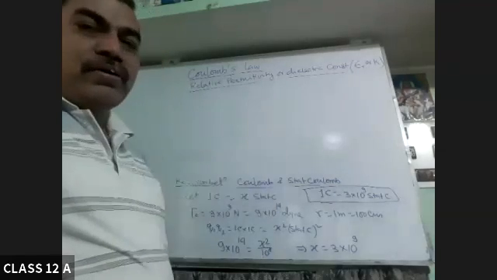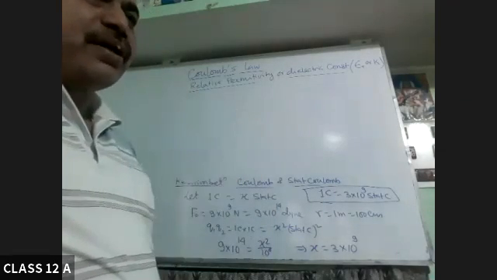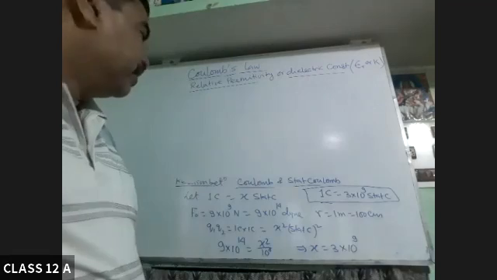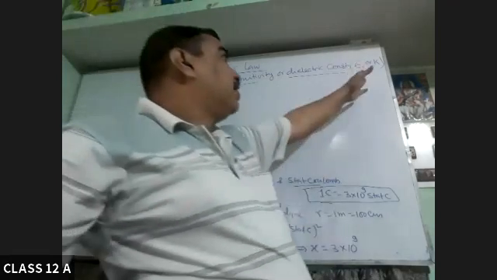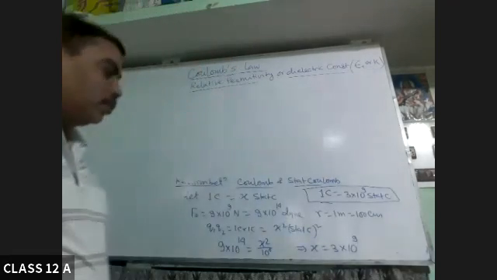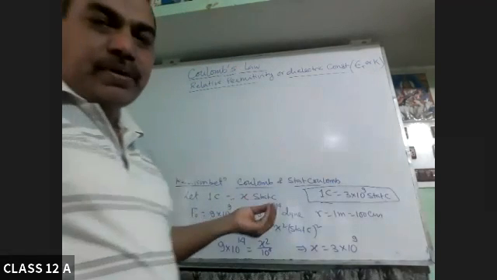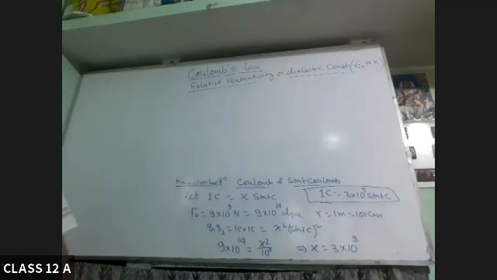With 4 pi, if K is coming, then it comes in place of epsilon.